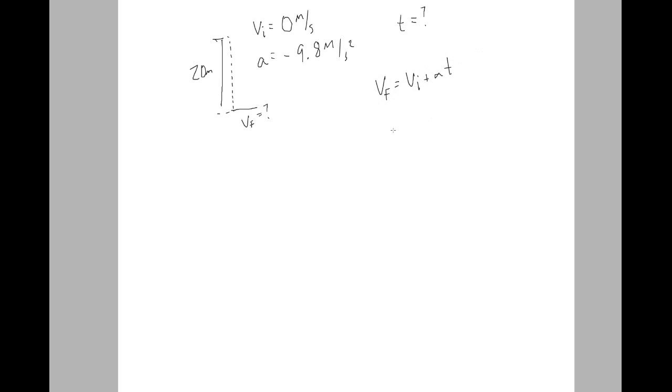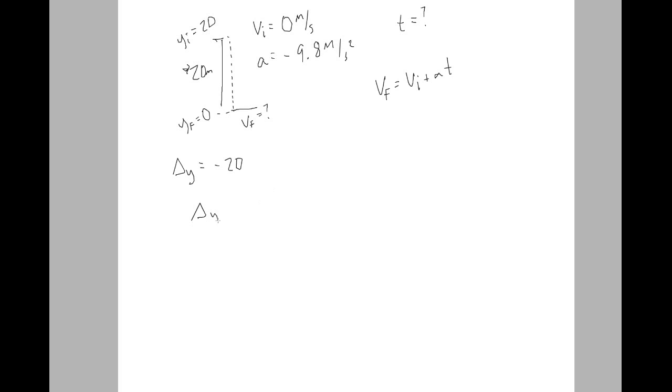That doesn't work. But this 20 meters, I do know that my initial velocity, or my initial position, is 20, and I know that my final position is 0, or the ground. So my delta y becomes negative 20.